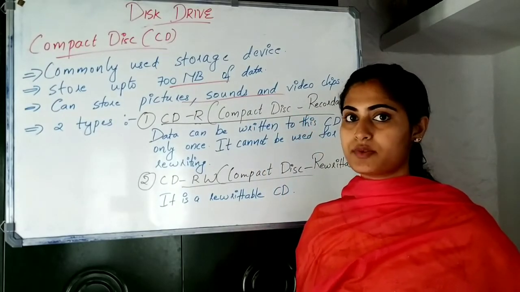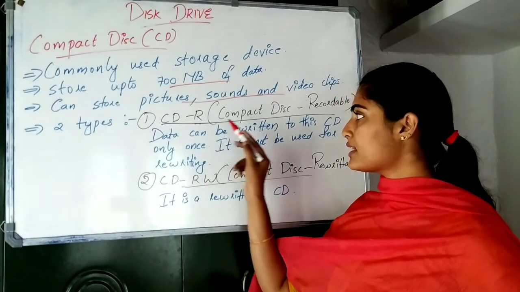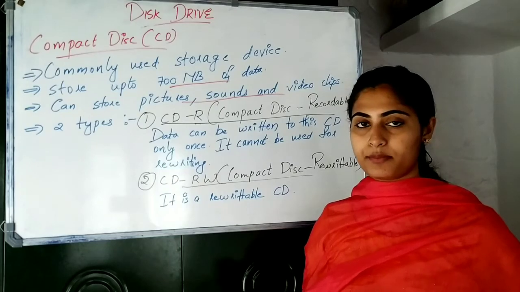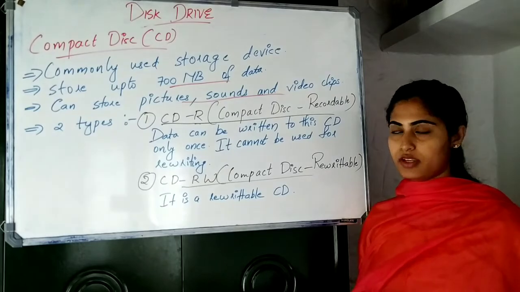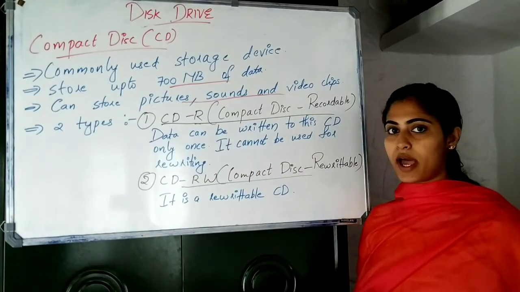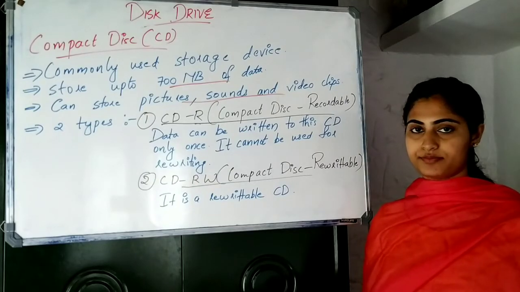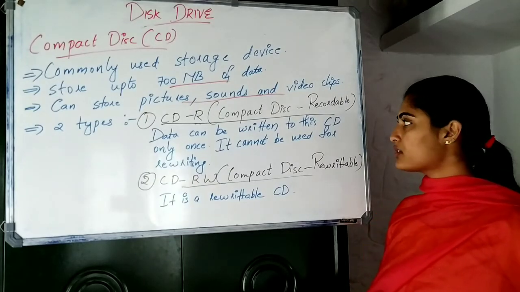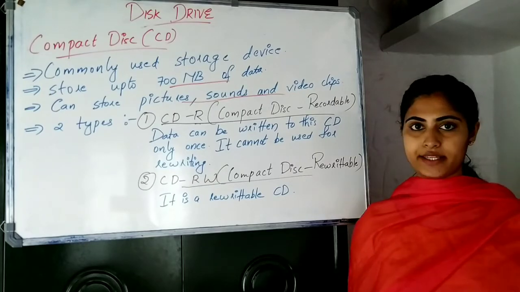There are two types of compact disk. First one is CDR. That means compact disk recordable. Data can be written to the CD only once. It cannot be used for rewriting.